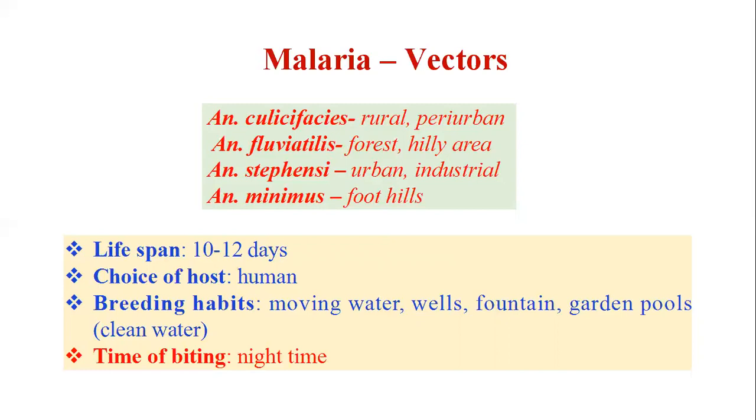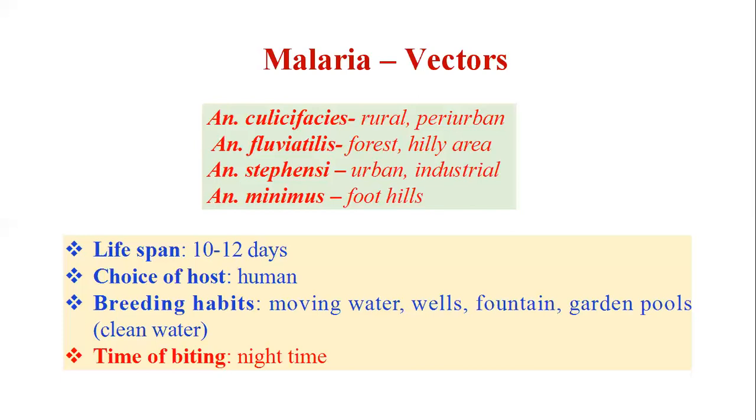The lifespan is 10 to 12 days, and their choice of host is definitely the human being. For breeding habitat, they mostly prefer moving water, not stagnant water, and if it is stagnant water, that water should be clean. So moving waters especially, or else wells, fountains, garden pools, but the water should be clean.